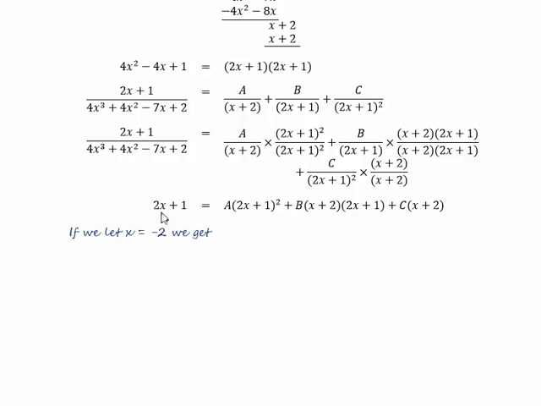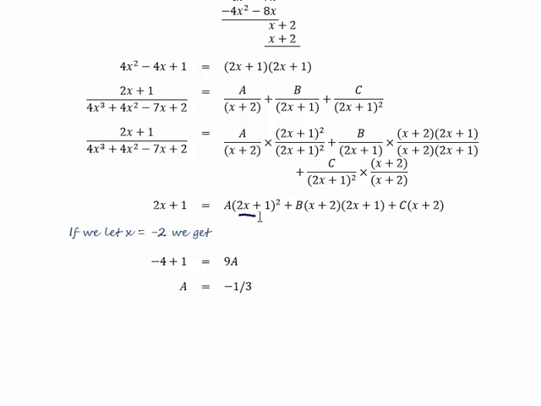So when x is minus 2, 2 times minus 2 is minus 4, plus 1 is minus 3. Minus 3 squared gives us 9. So 9a equals minus 3, so a equals minus a third. The next step is to let x equal minus a half.